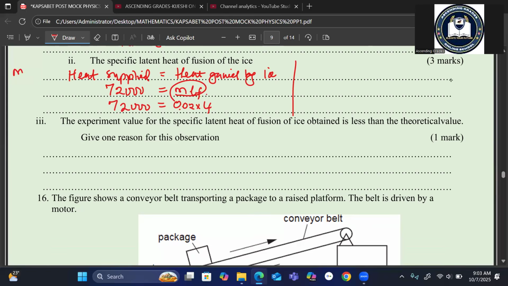We have the mass of ice as 20 grams, and this is equivalent to 0.02 kg. Making LF, the latent heat of fusion, the subject of the formula, we get 72,000 divided by 0.02. This will give us 3.6 times 10 raised to power 6. That will be the latent heat of fusion.